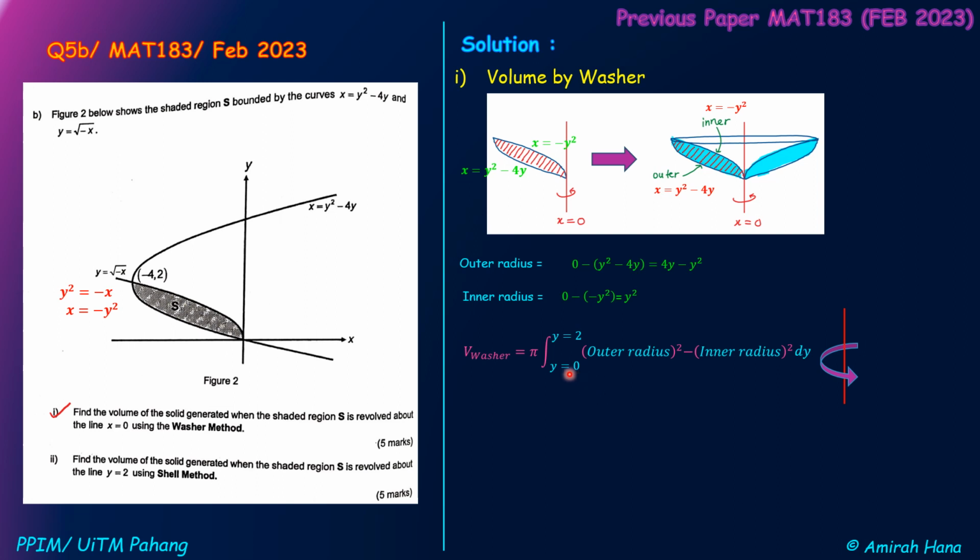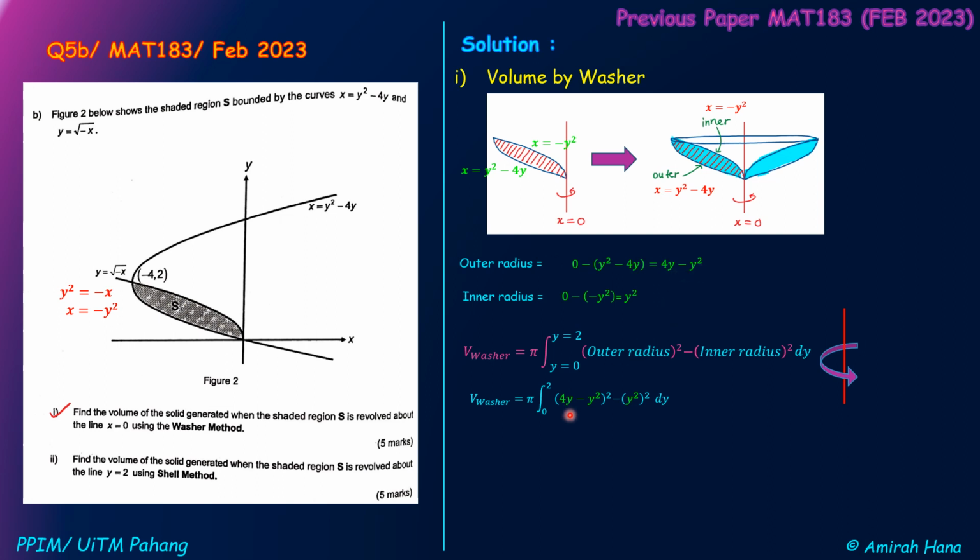Okay, from here we can set up the formula for volume by washer. Right? Okay, so we have volume by washer equals to pi, integrate from 0 to 2, and then replace outer radius from here equals to 4y minus y squared.